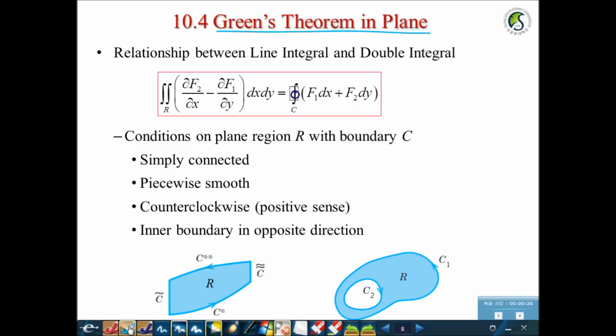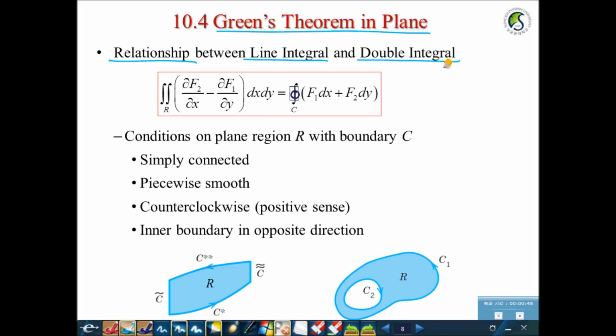This theorem is very powerful in the sense that it states the relationship between the line integral and the double integral. So far you learned the line integral, and you reviewed the double integral, and you can switch between those two freely on your own.